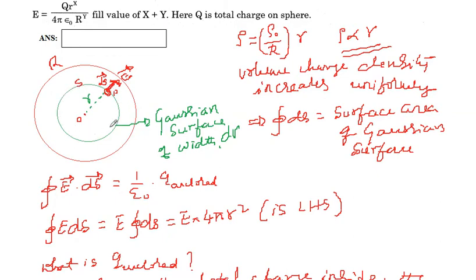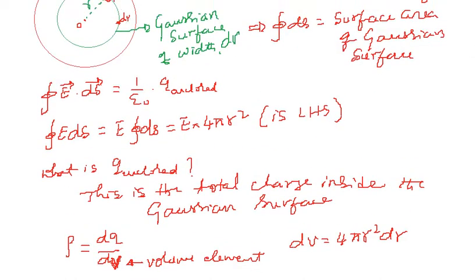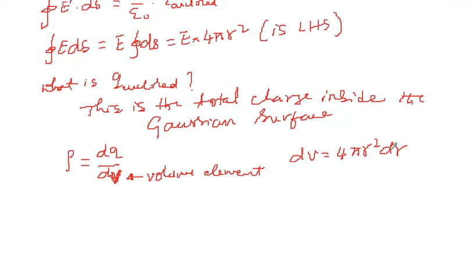That means the layer is just about the width, this width, so it is dr. This volume dv is equal to 4 pi r square into dr. So only that much elemental volume we consider.